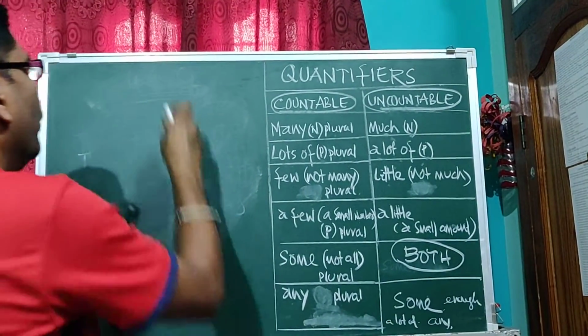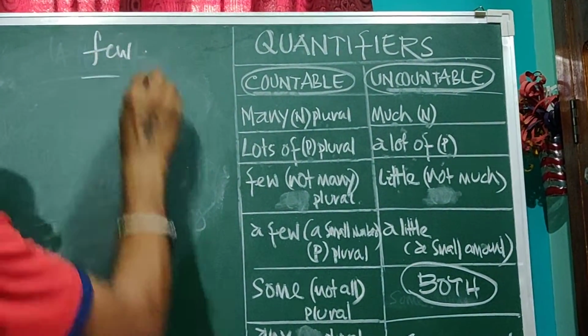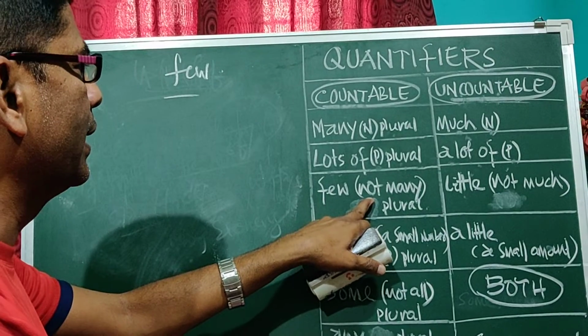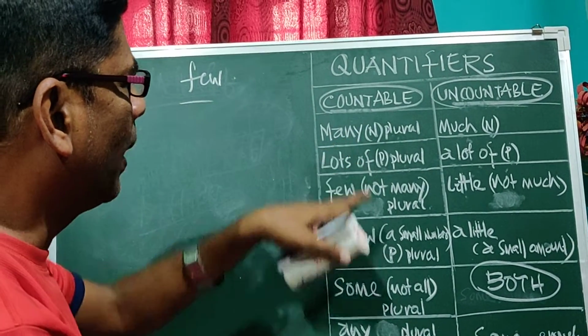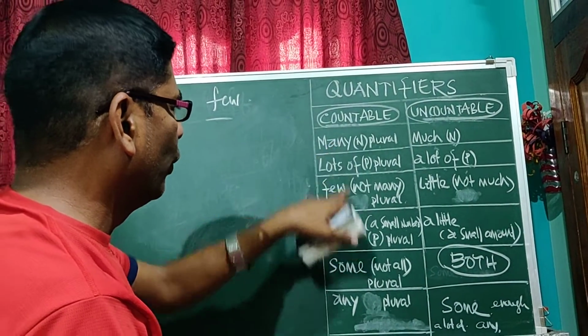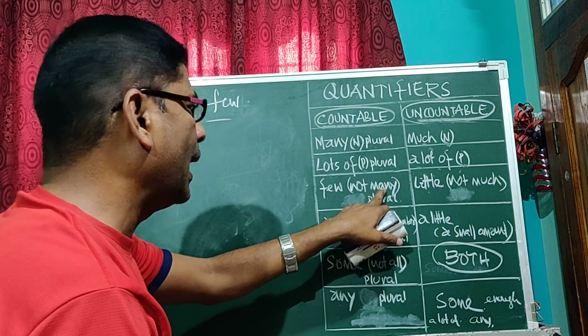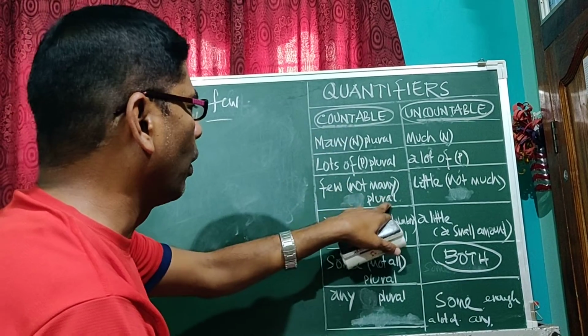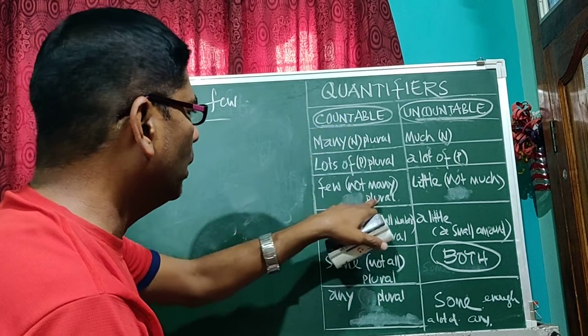Now few. Few means not many. It is the opposite meaning of many. It is used for countable plural.